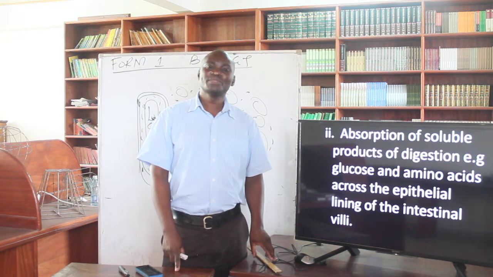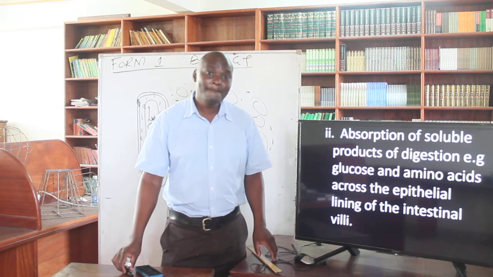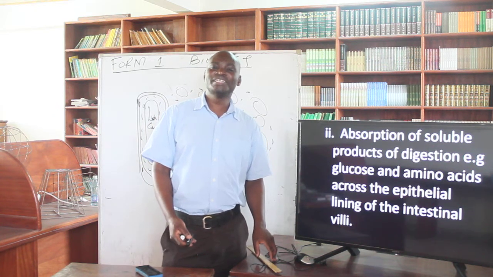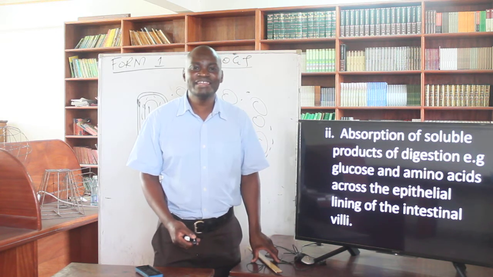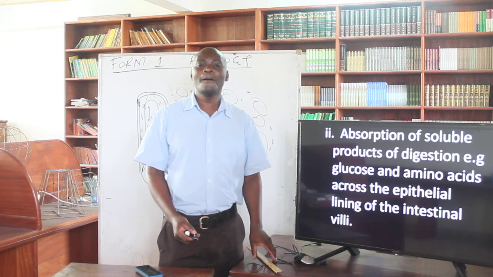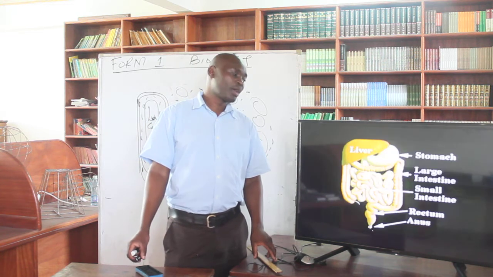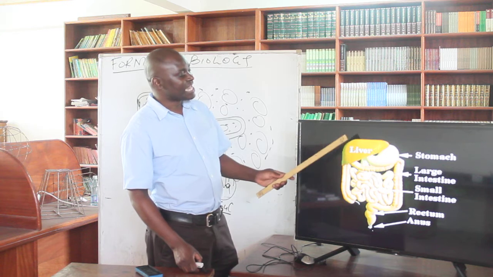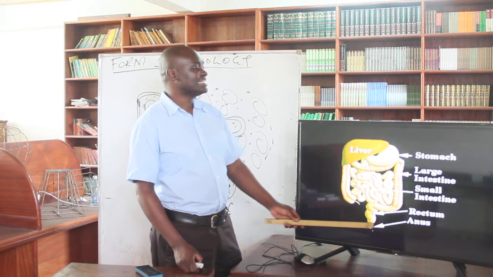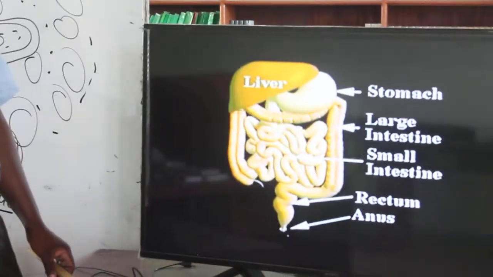So we are saying absorption of soluble products of digestion, for example glucose and amino acids, across the epithelial lining of the intestinal walls occurs by the process of diffusion. Now here is the diagram of the digestive system.